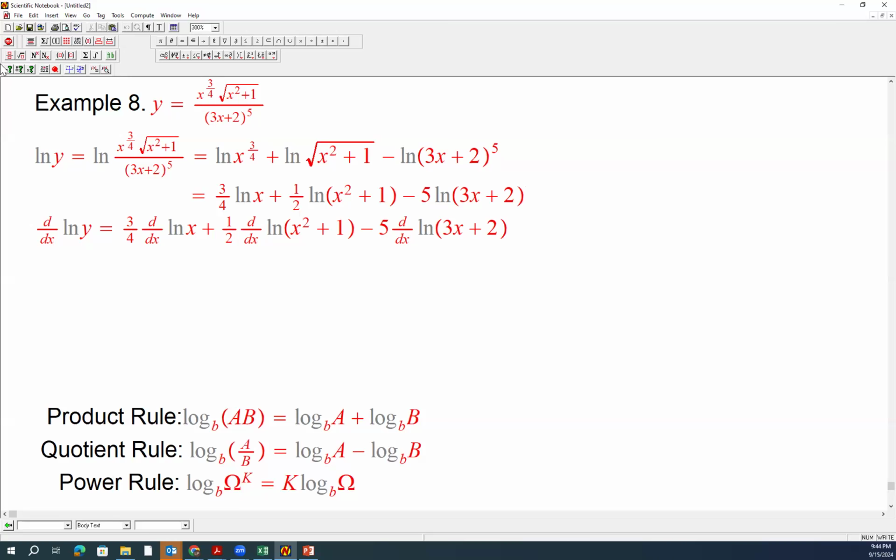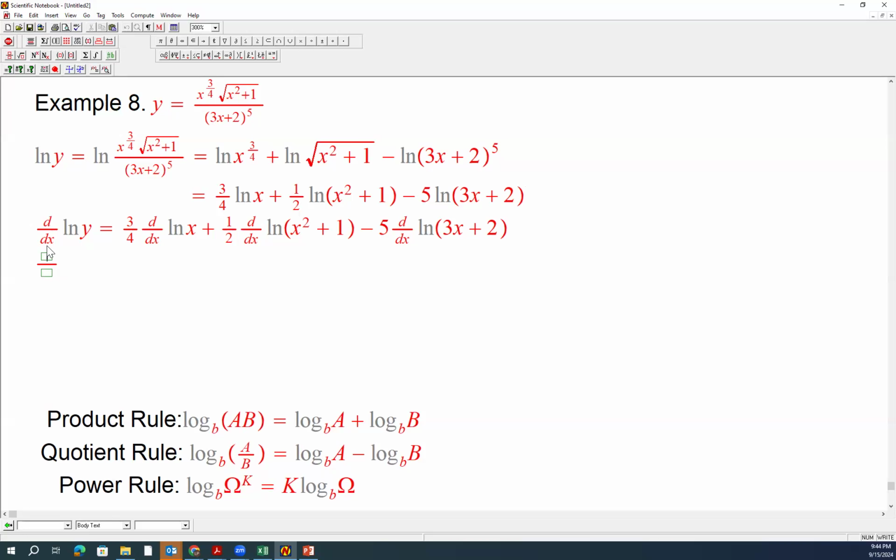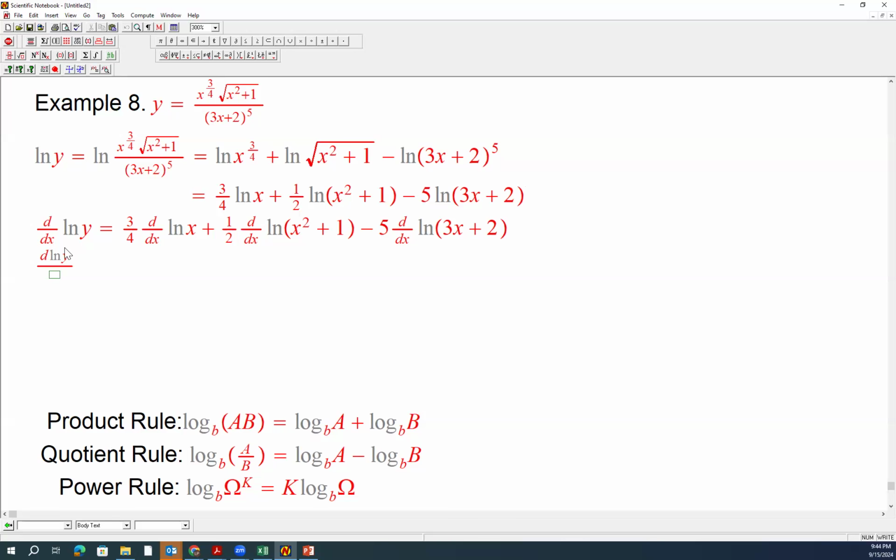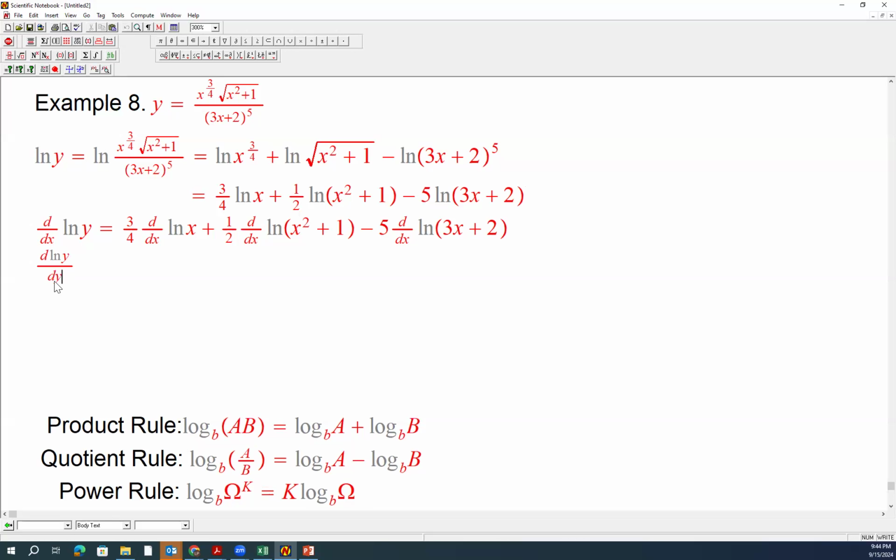On the left-hand side is the derivative of ln y with respect to y, times dy/dx.